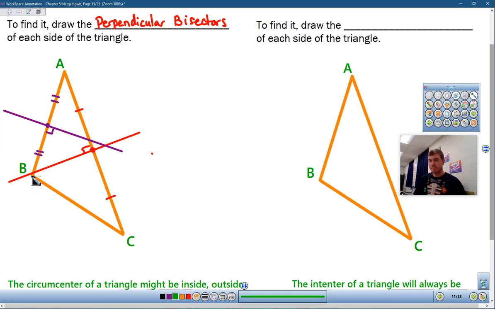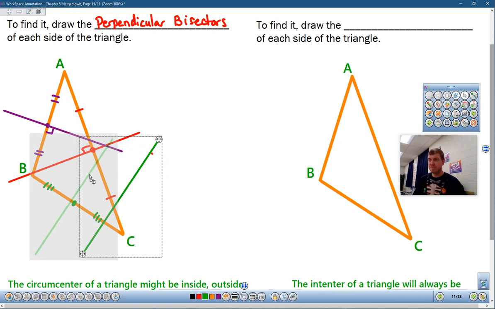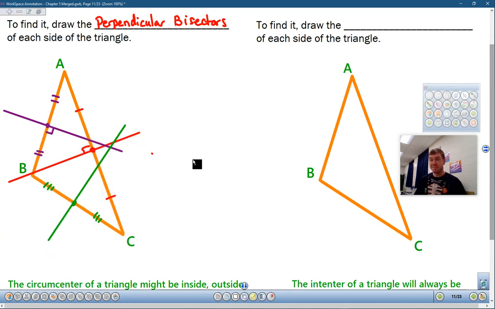So find the middle, maybe about right here. Draw a line perpendicular to that side, and then make sure it passes through the midpoint. So then I have the ability to move it. And it looks like I'm a little off.